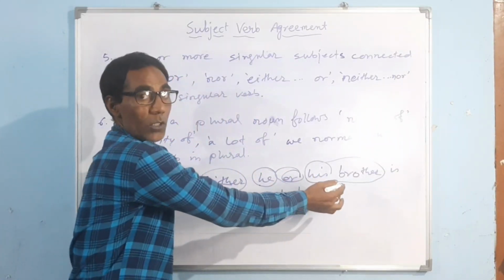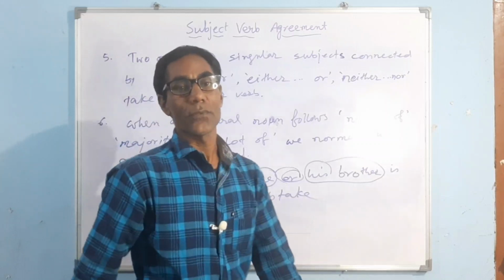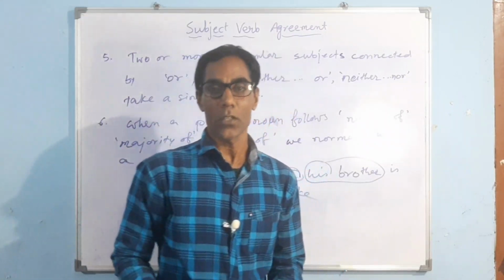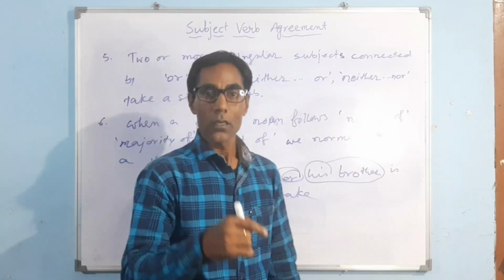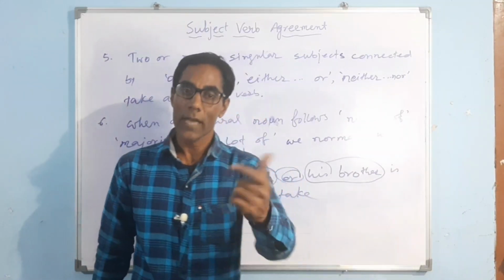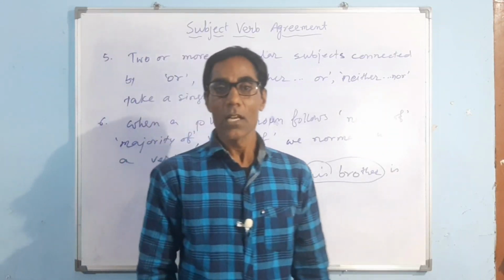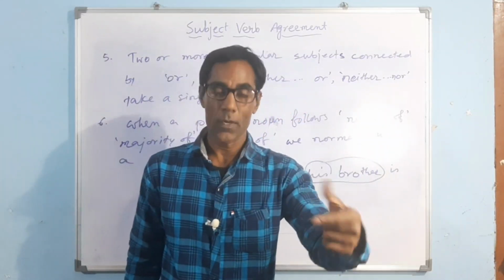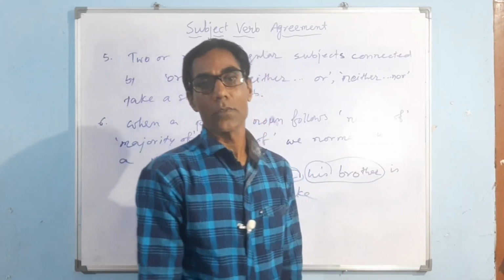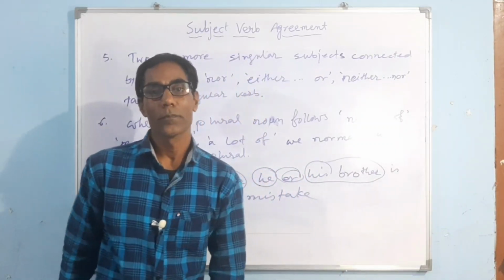But if the subjects are of different numbers, here both are singular. But if the subjects of different numbers are joined by or, nor, either or, neither nor, in that case the subject in plural number will come last and the verb you have to use is plural.